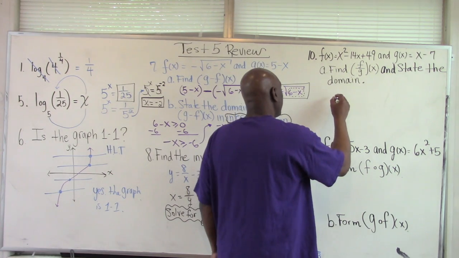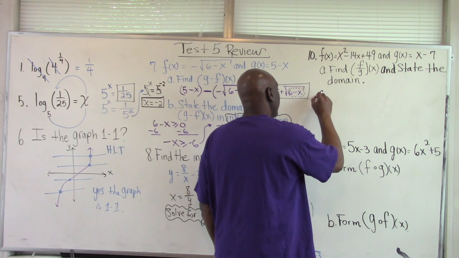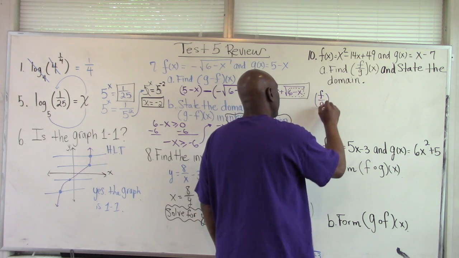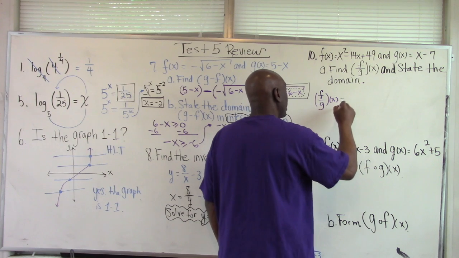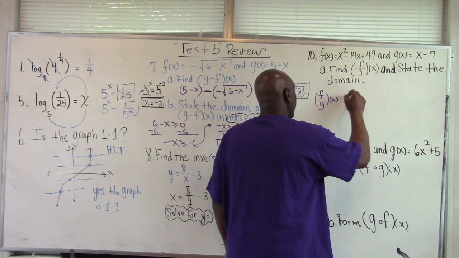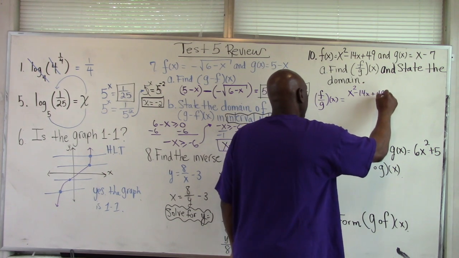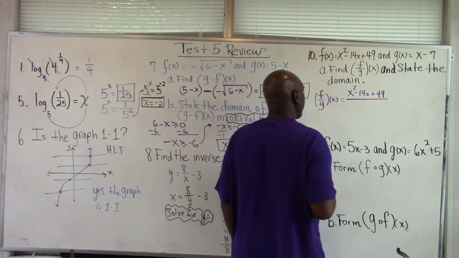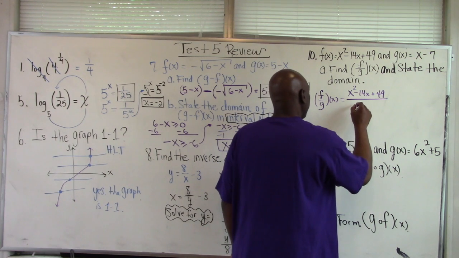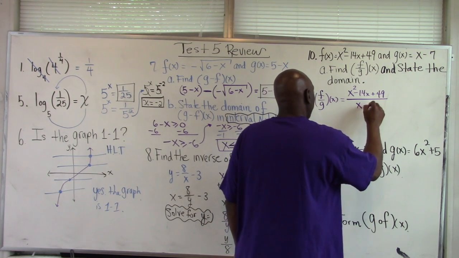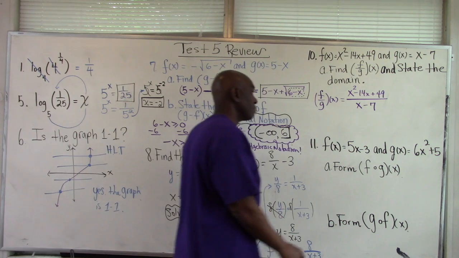So f divided by g of x is going to equal f, which is x squared minus 14x plus 49, all divided by x minus 7.